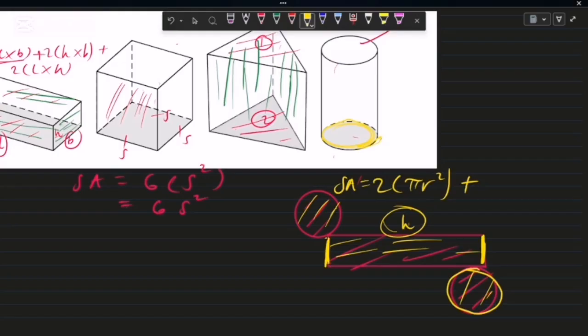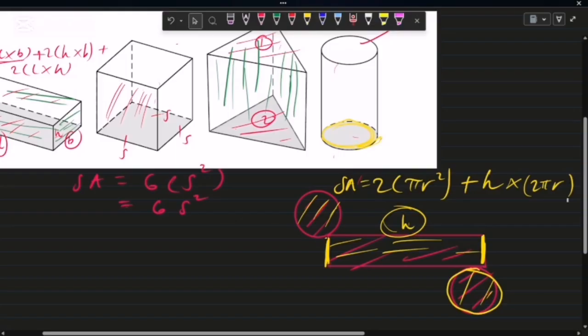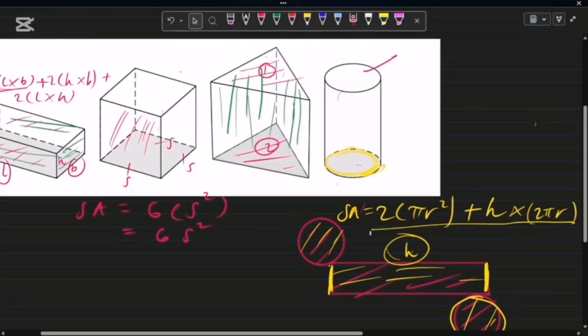So basically, what we will do is we'll say height times 2 pi r. Okay, 2 pi r, and then from there we know that this is the total surface area of a cylinder. Okay, so that is very important for us to know.